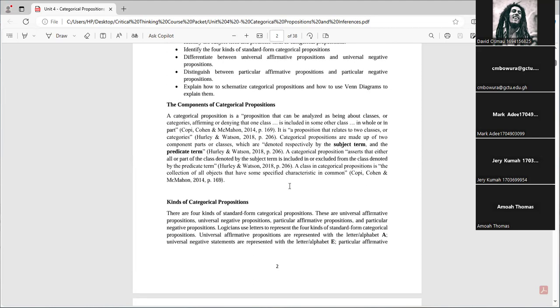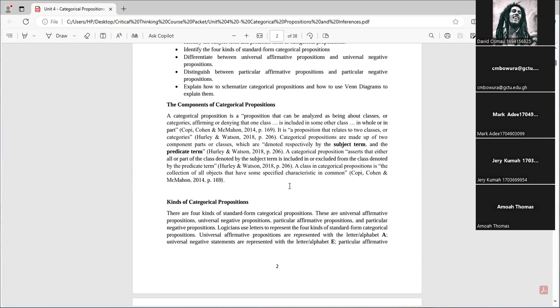Now we have 4 types of categorical propositions. 1, universal affirmative proposition. It makes a positive claim about 2 classes universally.